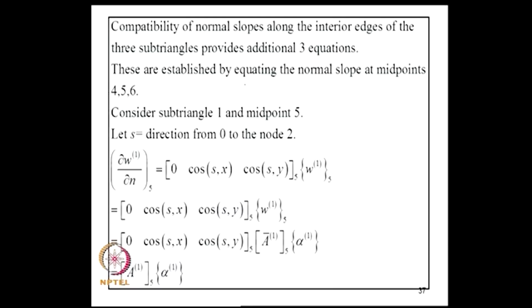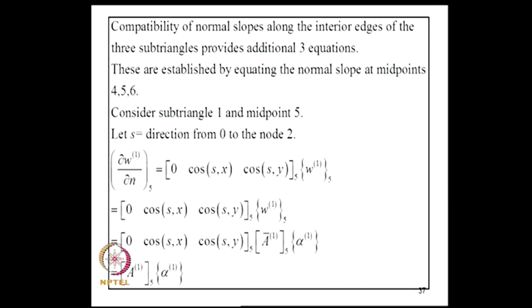Compatibility of normal slopes along the interior edges of the 3 subtriangles provides the additional 3 equations. These are established by equating the normal slope at midpoints 4, 5 and 6. So, now consider subtriangle 1 and midpoint 5. Let S be the direction from 0 to the node 2.